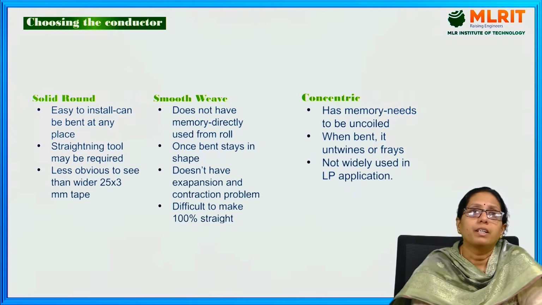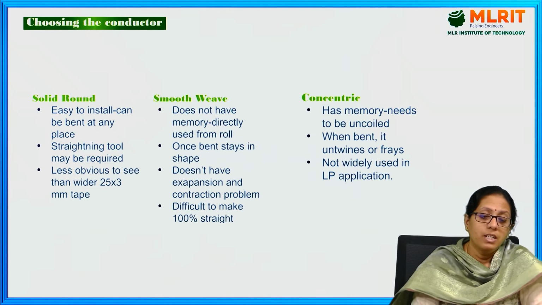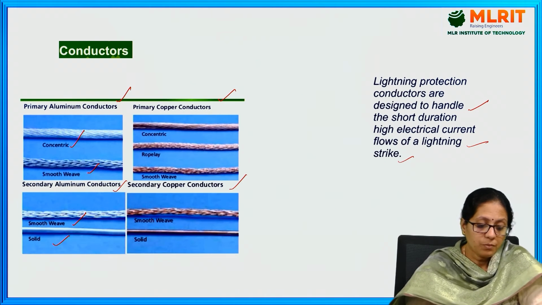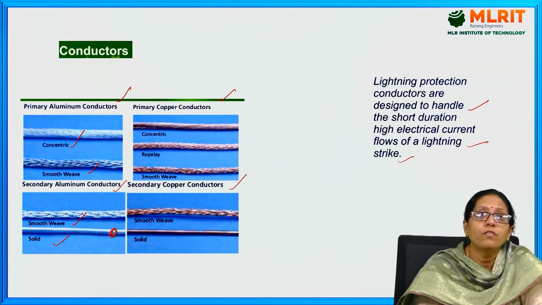Choosing the conductor: here you have three different criteria, that is solid round, smooth wave as well as concentric. Here you can see this is your solid round type of conductor.